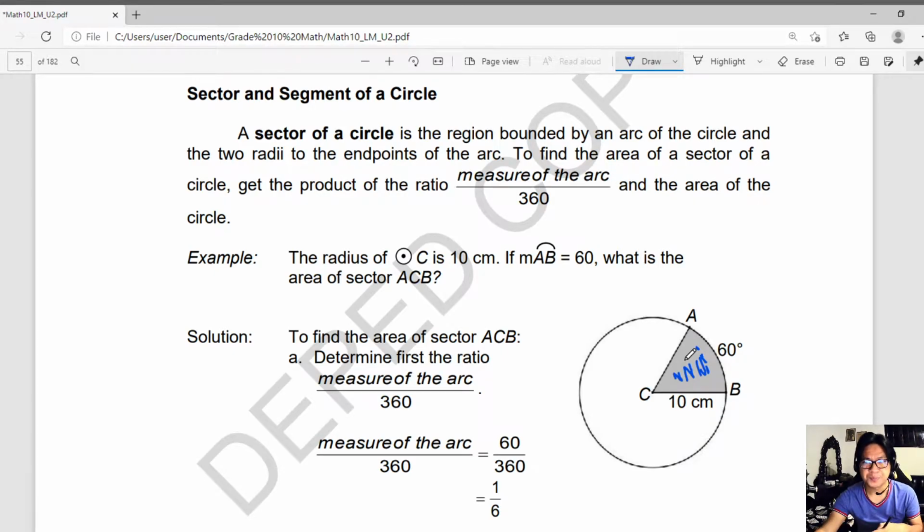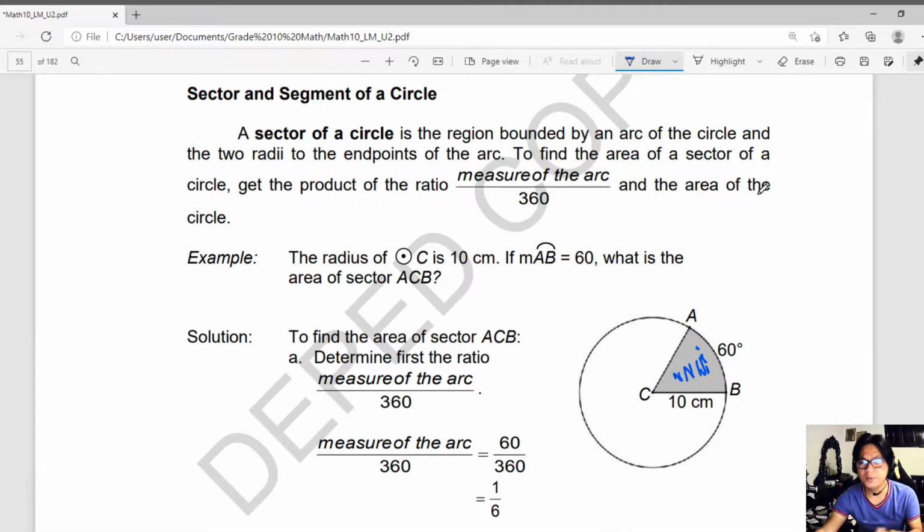So to find the area of a sector of a circle, ito yung gagawin natin. So para malaman natin yung area nito, yung shaded portion dito, ito yung formula na ginagamit. Get the product of the ratio measure of the arc over 360 and the area of the circle.